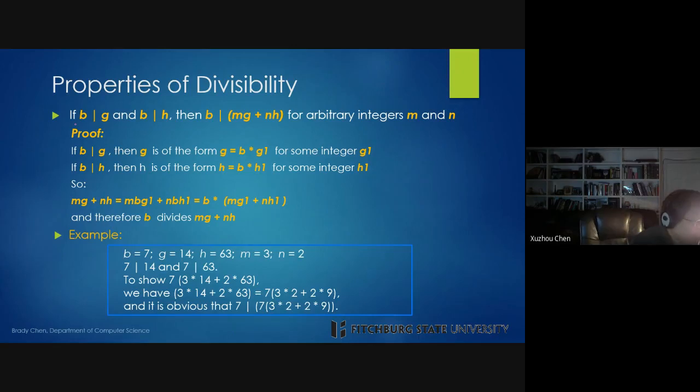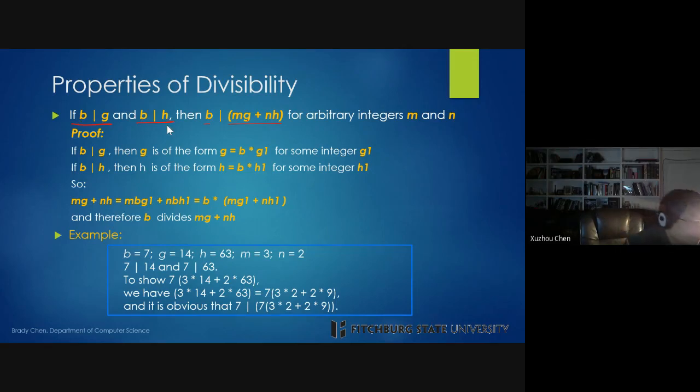Now, if B divides G and B divides H, then B can divide M times G plus N times H. That sounds very straightforward, right? Because if you use numbers, it looks like it will be easy to do this.